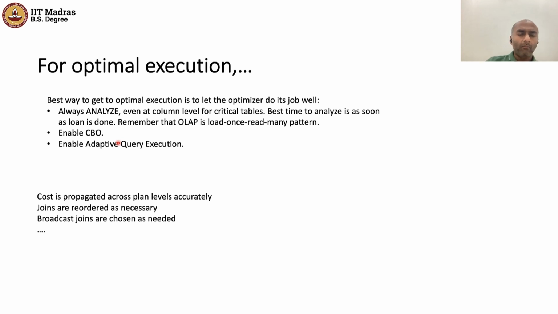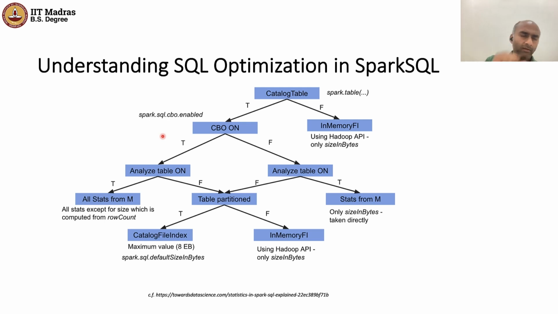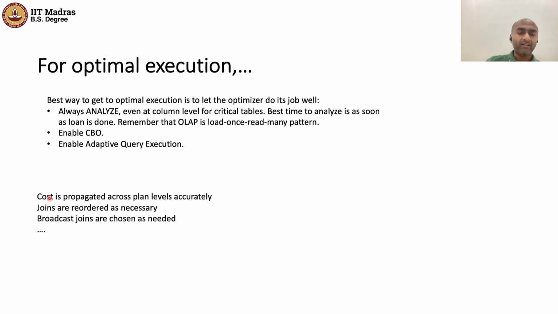All right, so what are we paying attention to? Finally, when we come down to understanding the various cost elements, you have to go back and use explain again. And when you look at the explain, you start to see whether the cost is actually getting propagated across the levels accurately.